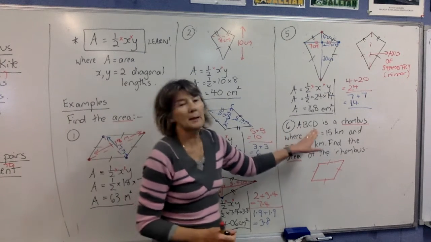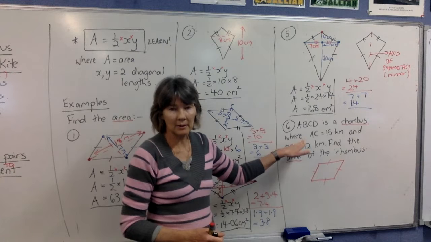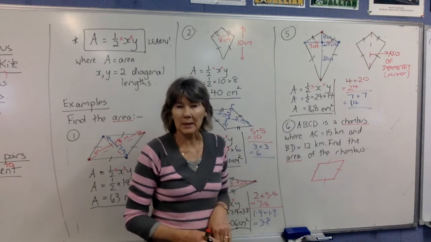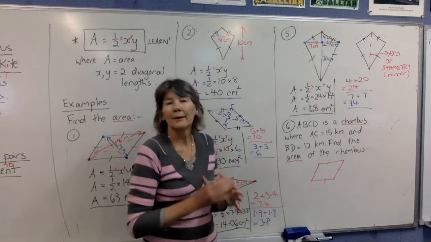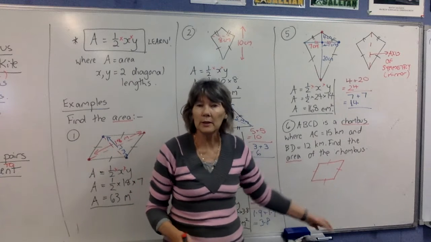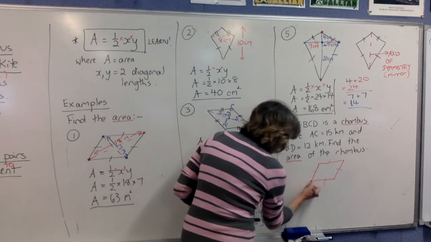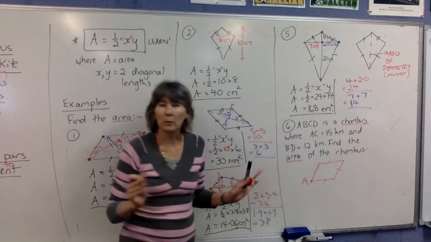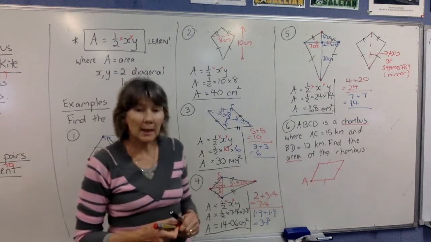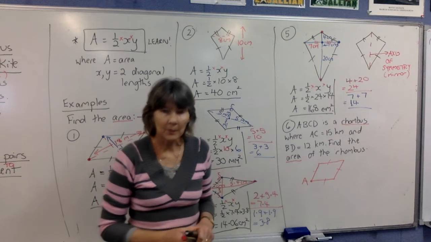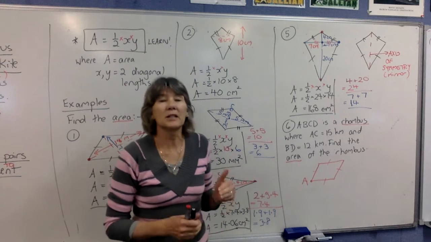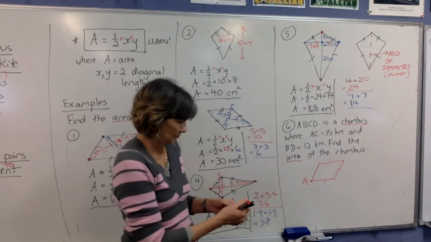Now, when they name a shape in maths, if they say ABCD, you can put your A anywhere you like on one of these corners. It doesn't matter. Let me just say I'm going to put mine here, but it doesn't matter where the A goes. It does matter what happens after that though. So it has to be named in a cyclic order, right?